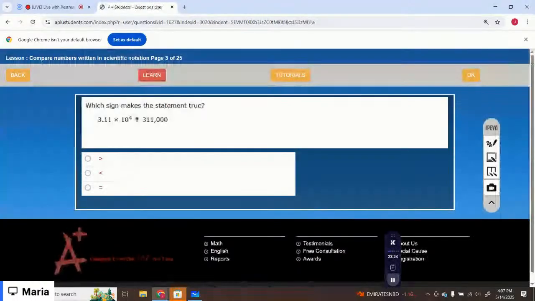Which sign makes the statement true? That is 3.11 times 10 exponent 4 to compare to 311,000.